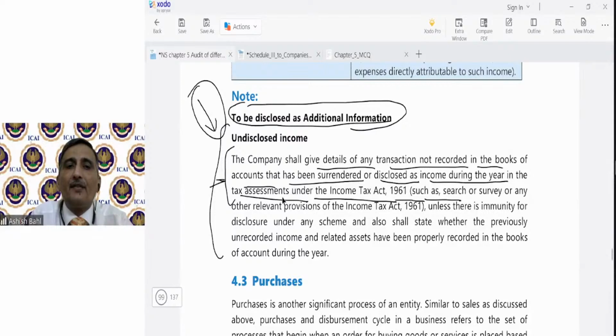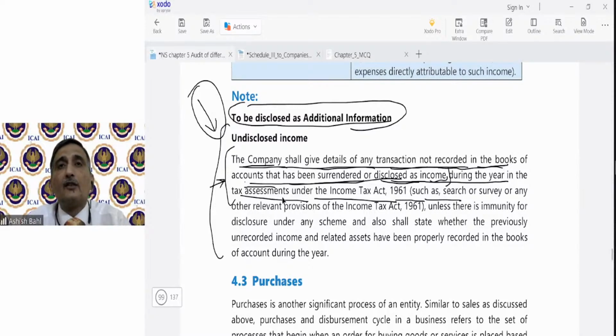So if some survey has been carried out and it is found that the company has some undisclosed income in the form of assets which were not shown to the tax authorities, then the company shall give details of any transaction not recorded in the books of accounts that have been surrendered or disclosed as income.